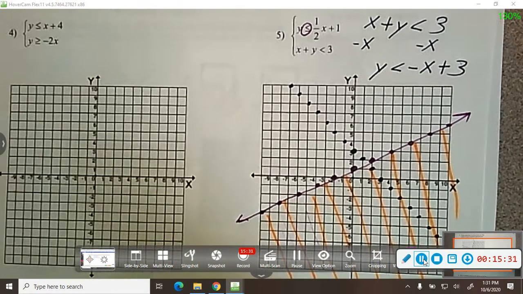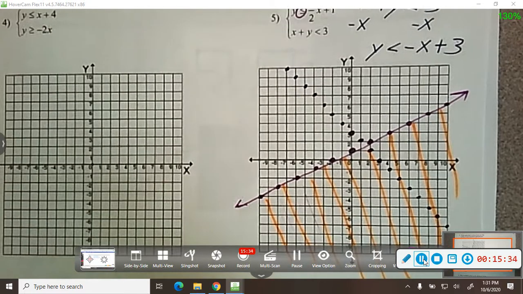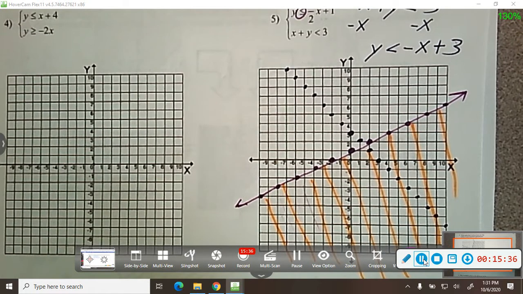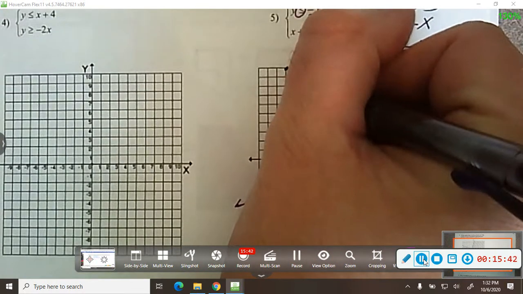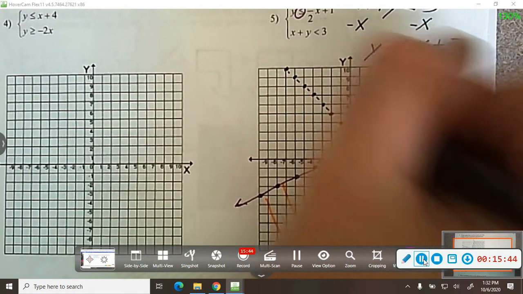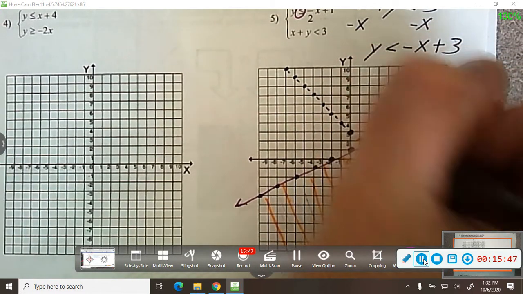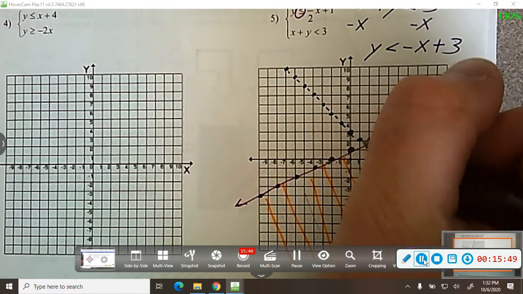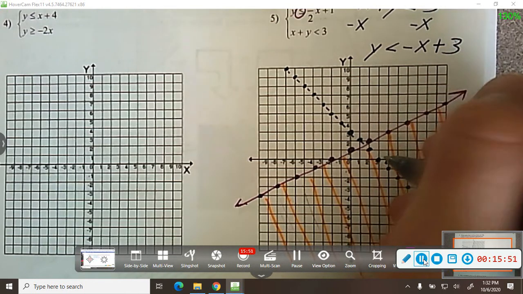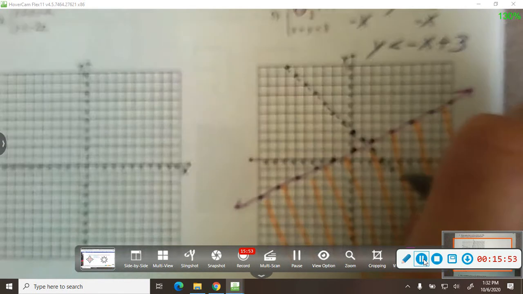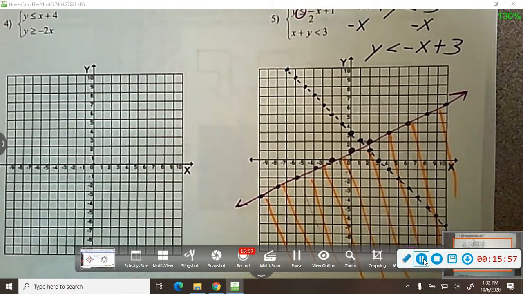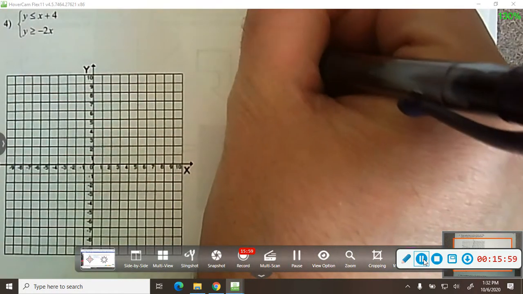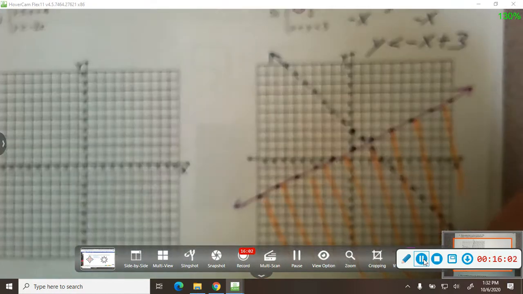Then I ask myself, is this solid or is it dashed? And I noticed it doesn't have an equal sign, so I need to make this dashed. That's very important. That means that any point on that line doesn't work. And this goes forever. And that goes forever.